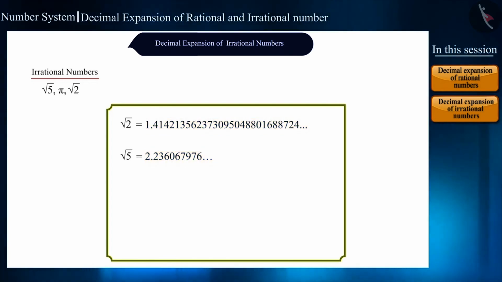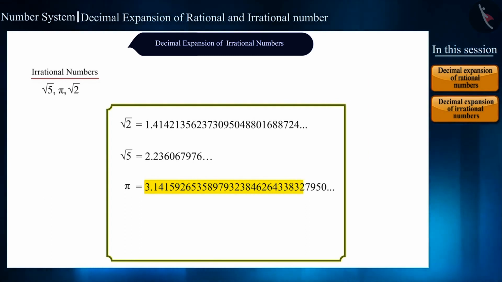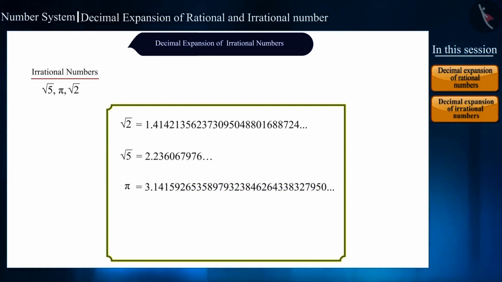Likewise, we can find many irrational numbers and write their decimal expansion. You must be familiar with pi. Its decimal expansion is also like this. Here also, the numbers are neither getting repeated nor are they ending. Thus, we can conclude that the decimal expansion of irrational numbers is non-terminating, non-recurring.